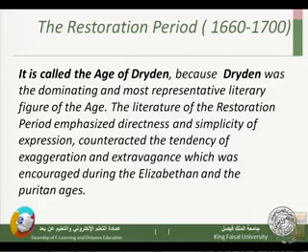So the two most important representatives of the two periods: Milton was the most important representative of the first period, the Puritan period, and Dryden here is the most representative dramatist and writer of the second period, which is the Restoration period.